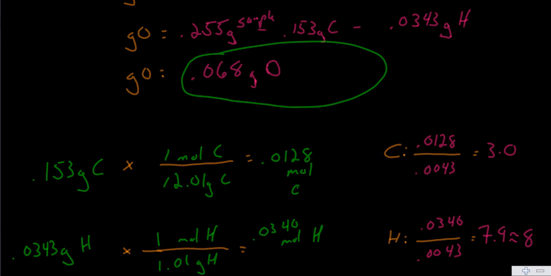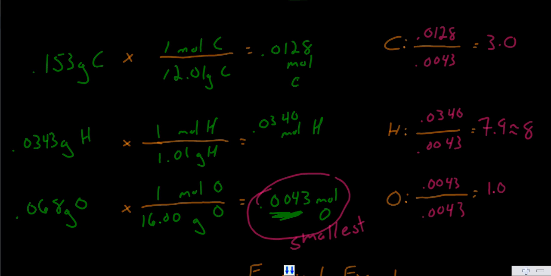And so now you know the number of grams of each element. So now you can find the number of moles of each element. So grams into moles, using molar mass for all of these. And then you need to divide all of these numbers by the smallest one to determine the ratio of each element to the smallest numbered one.